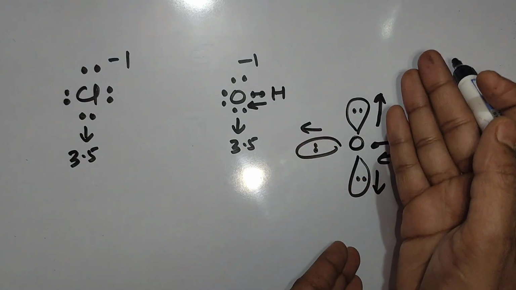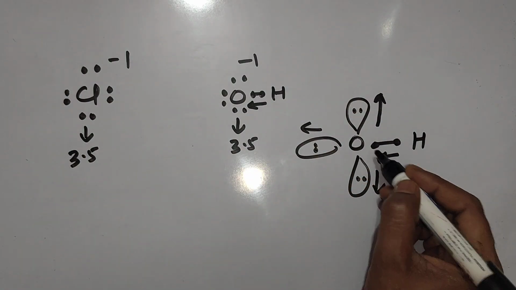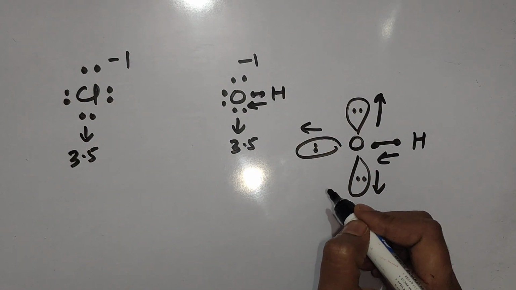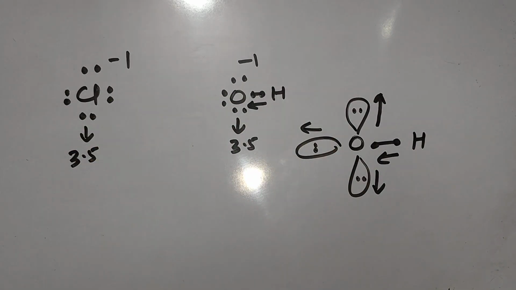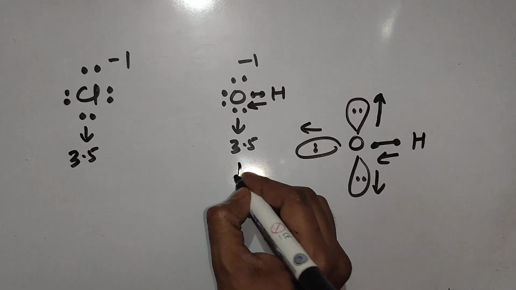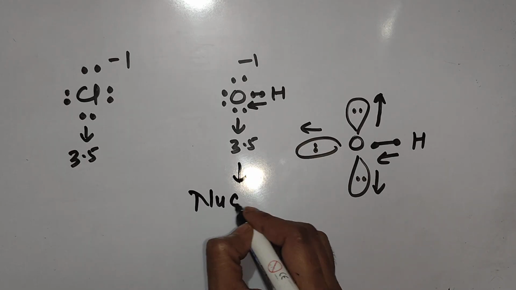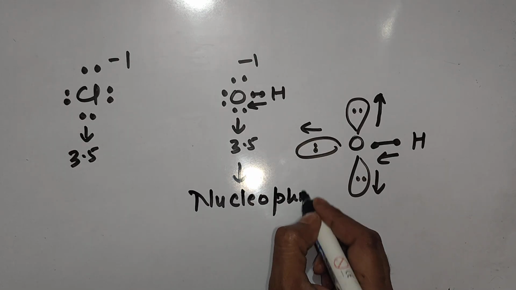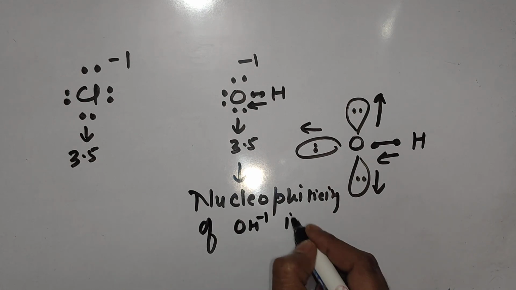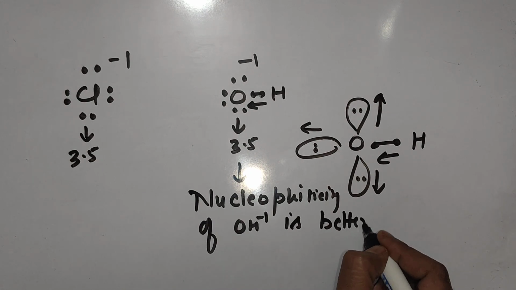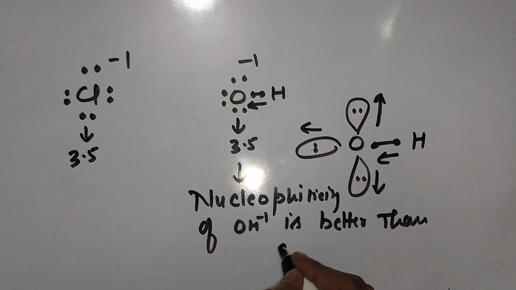Why are they moving a little bit up? Because sigma electrons are coming toward this oxygen. That's why oxygen is a better donor as compared to Cl. Or you can say the nucleophilicity of OH negative is better than Cl negative.